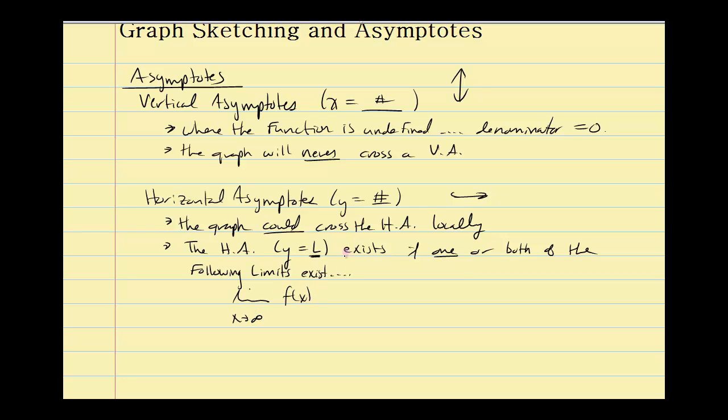So if I take the limit of my function as x approaches infinity and I get some constant, it can't be infinity, it can't be undefined, but if I get some constant, then I have a horizontal asymptote at y equals the constant. Also, I can take the limit as x approaches negative infinity of my function, and if I get some constant back, and it could be a positive or negative constant, then I have a horizontal asymptote at that point.